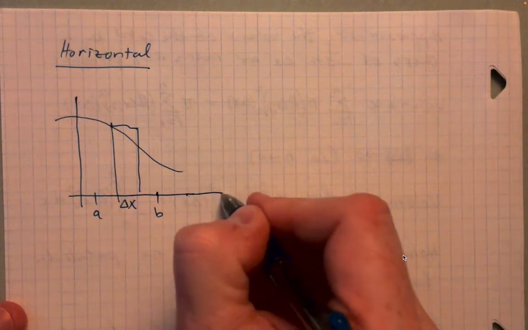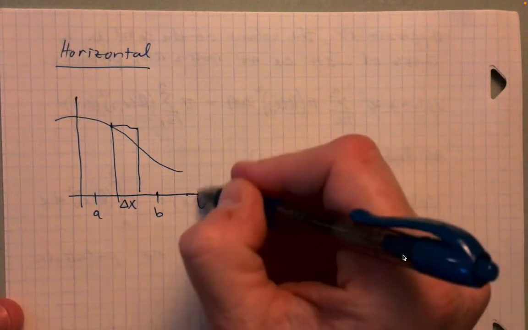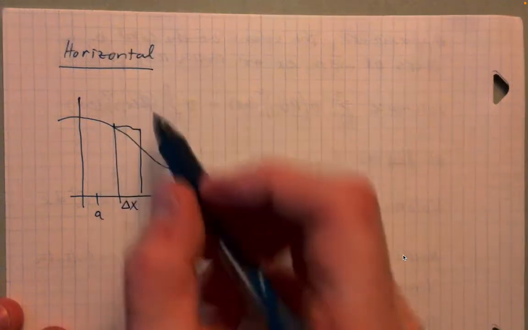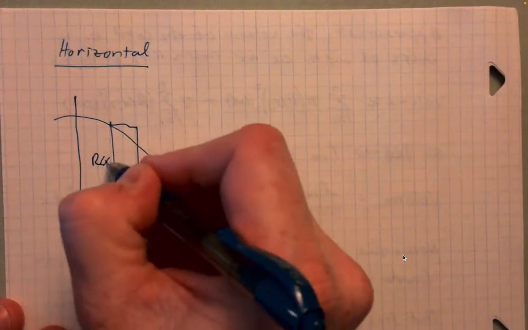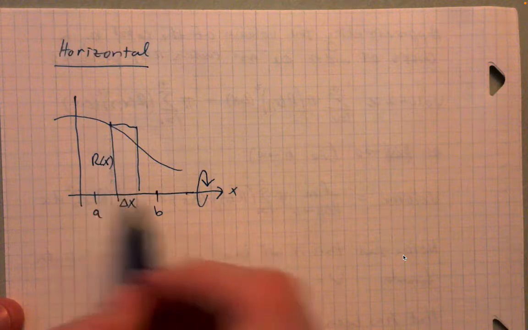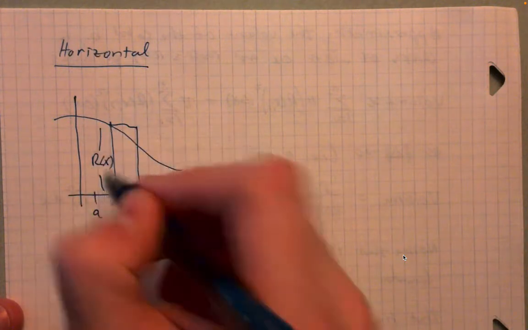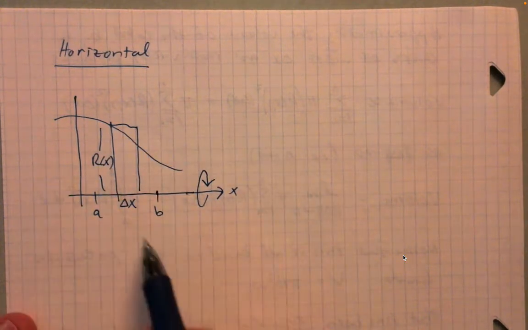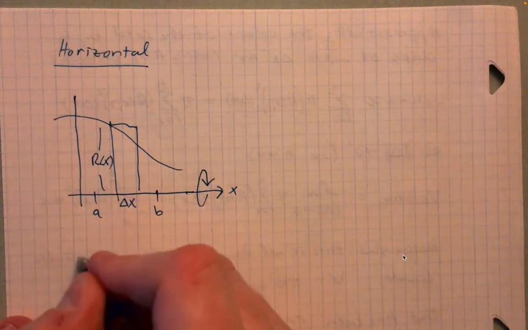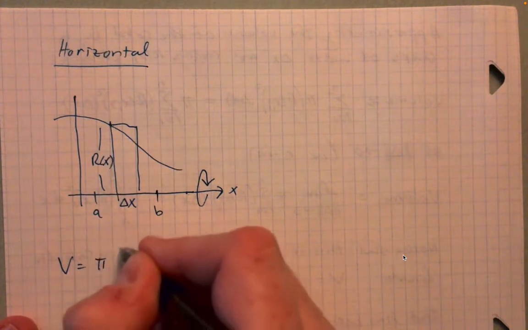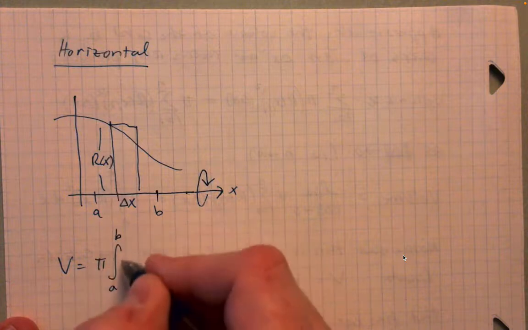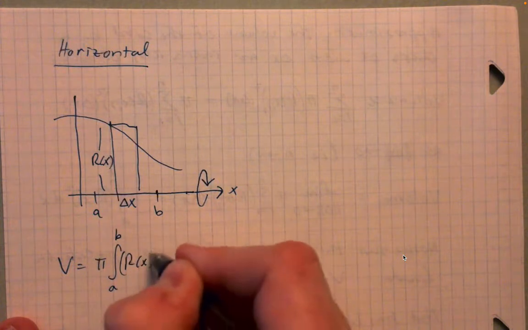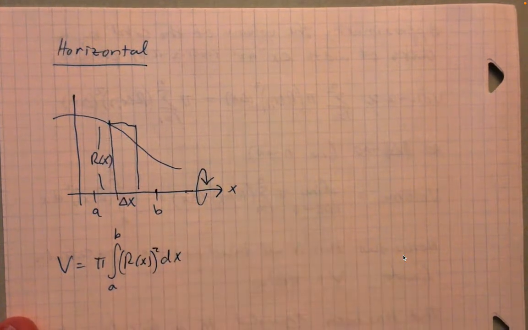This is the x-axis, and we're rotating around here. And then you've got r as a function of x as the height. This is what we mean by horizontal. And so in this case, the volume is equal to pi times the integral from a to b of r of x squared. That's what that one looks like.